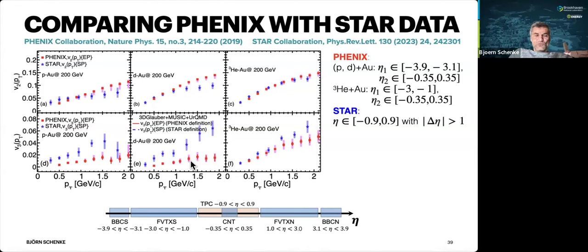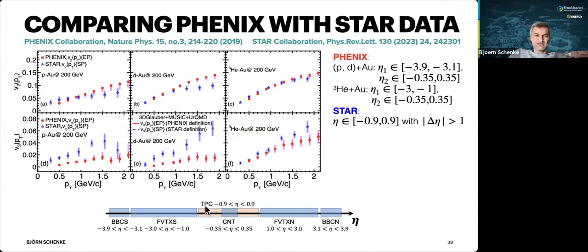One reason for that could be that they're measuring these things with different rapidity ranges. I told you Phenix measures essentially two-particle correlations, but they call it event plane. They determine one particle comes from this negative rapidity bin and the other one comes from close to mid-rapidity, right? So they have a large rapidity gap between here and here.